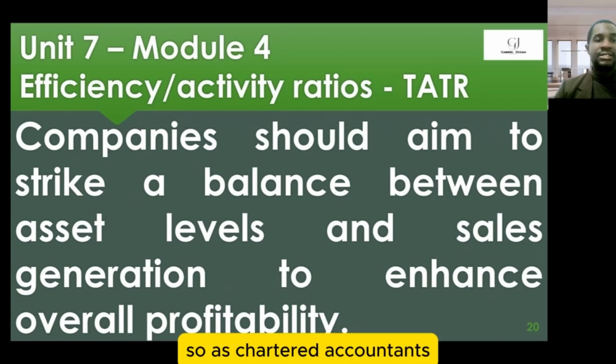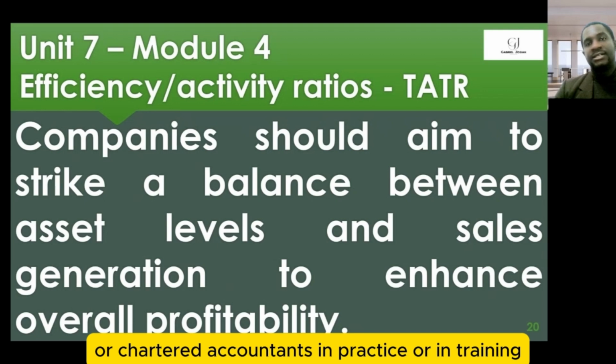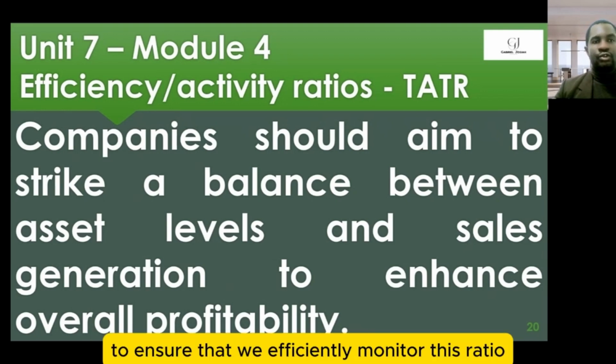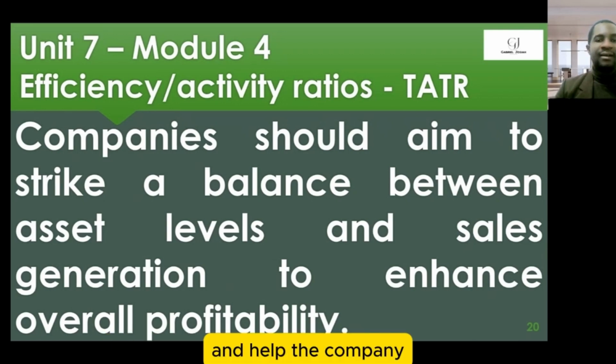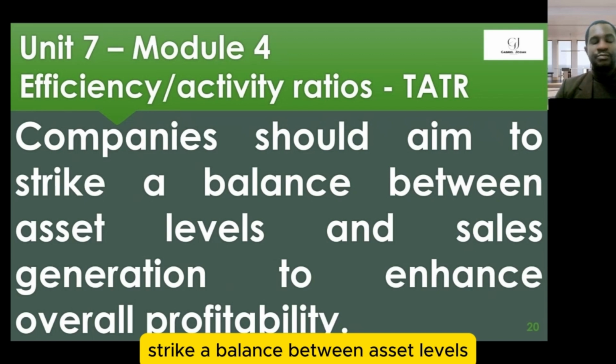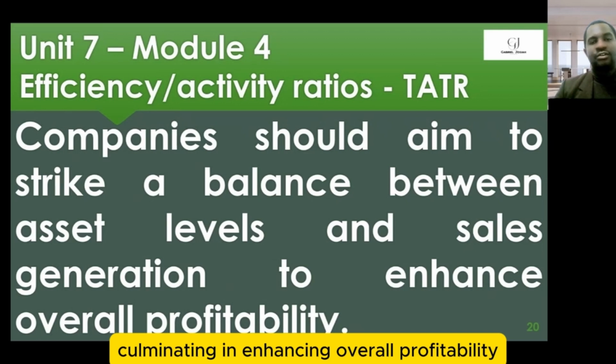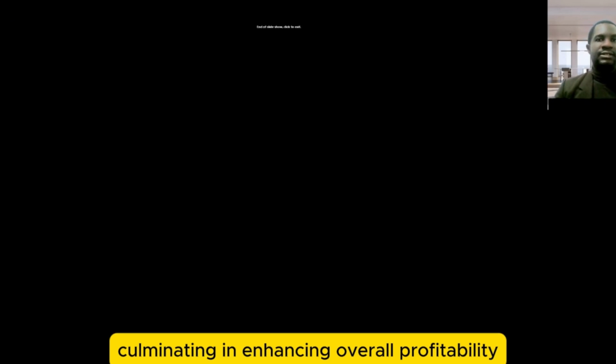So as chartered accountants in practice, in training, this is our job to ensure that we efficiently monitor this ratio and help the company strike a balance between asset levels and sales generation, culminating in enhancing overall profitability. This is very important.